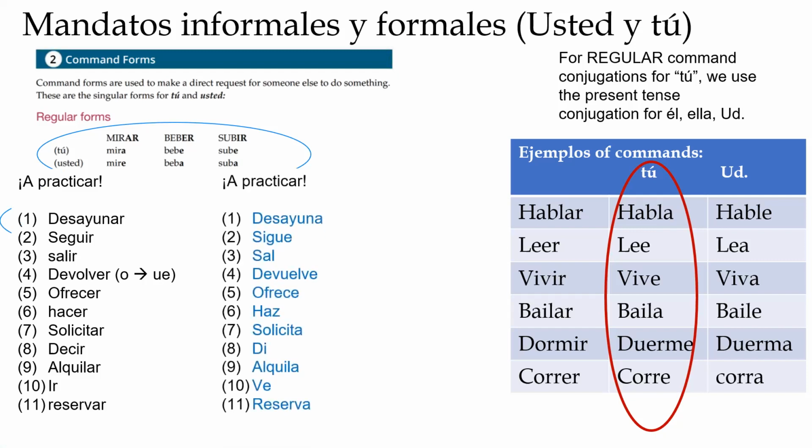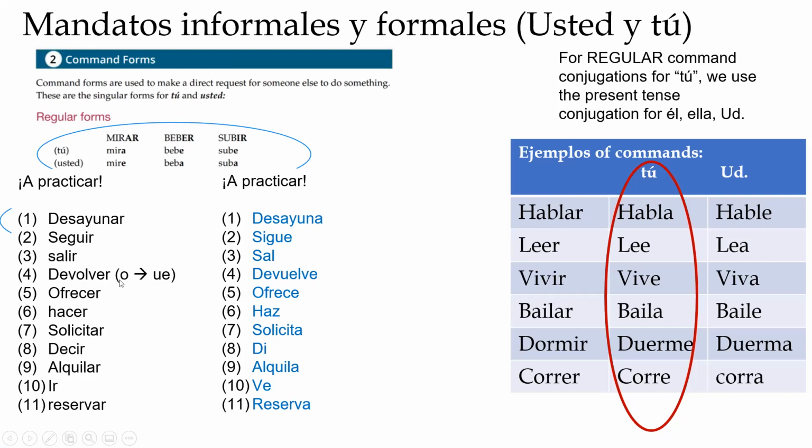Okay. So for número uno, like I said, we make it the present tense conjugation for él, ella, usted. So we have desayuna, sigue, sal, so that one's irregular. So this o to ue, okay. So some of these, even if you're not familiar with them, they have certain patterns like ones we've seen before.